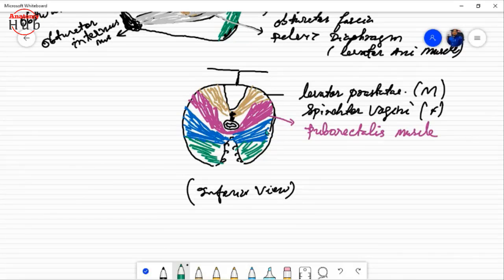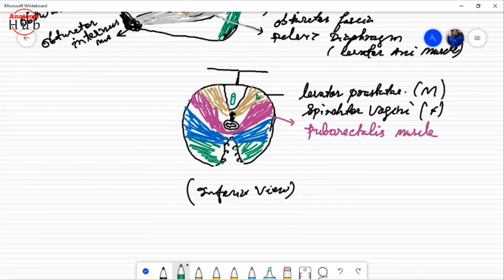So what are the things? Here you'll find the levator prostatae or the sphincter vaginae at the anterior part. And here you may get the urethra over here in male, and you'll find the opening of the vagina in female, right? Because this is your urogenital diaphragm.